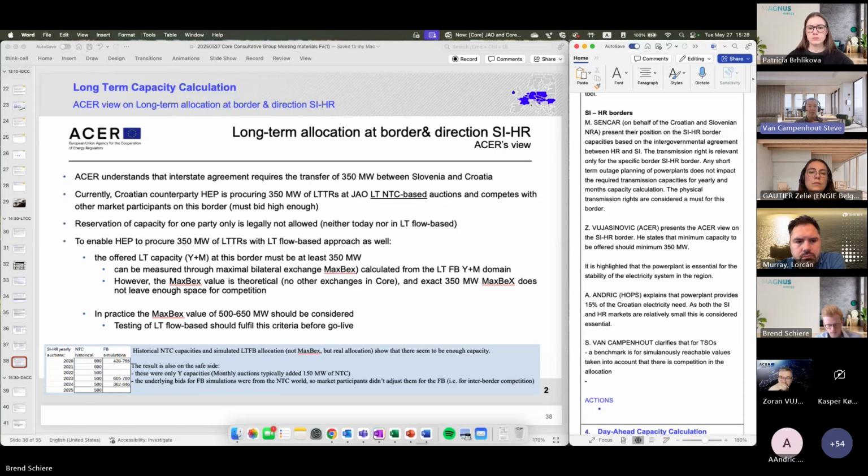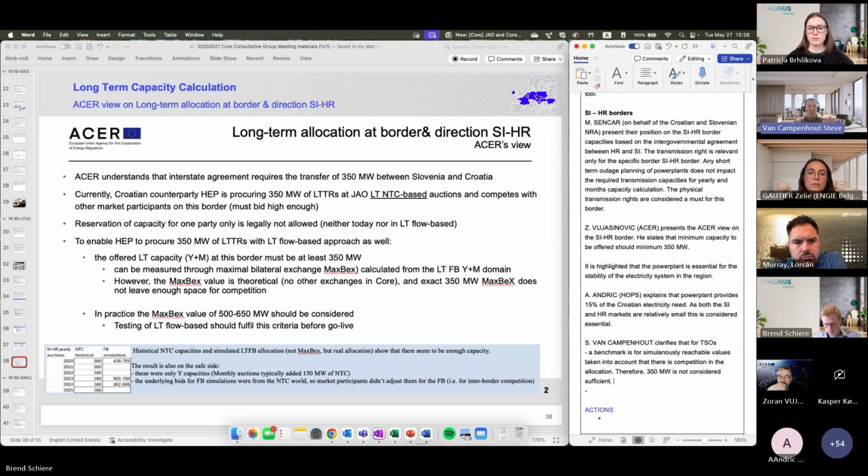To say, okay, it cannot be just 350 megawatt coming out of the flow-based domain, because then there is, as Zoran explained, zero chance of competition taking place. So the way to measure what can come out of the flow-based domain in case no competition takes place, that is a max BECS KPI.